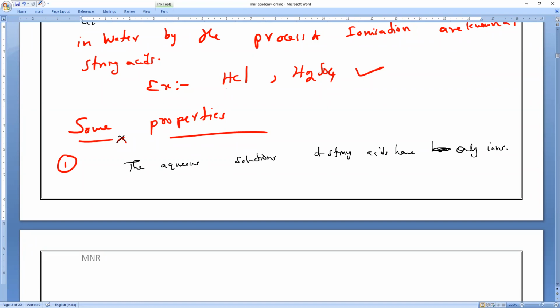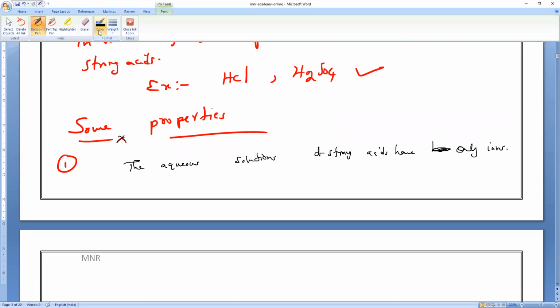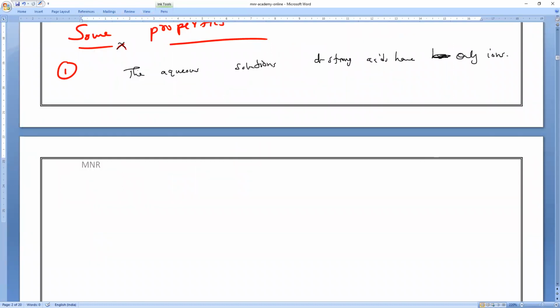Why only ions? Because of complete ionization. But weak acids also contain unionized molecules.